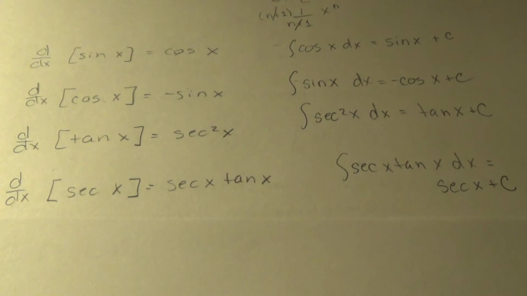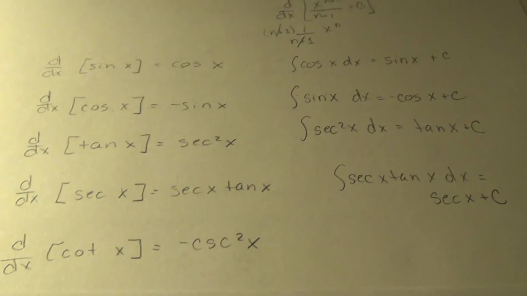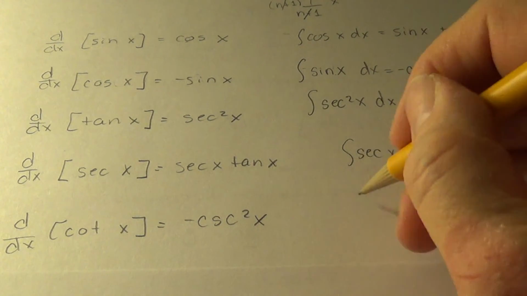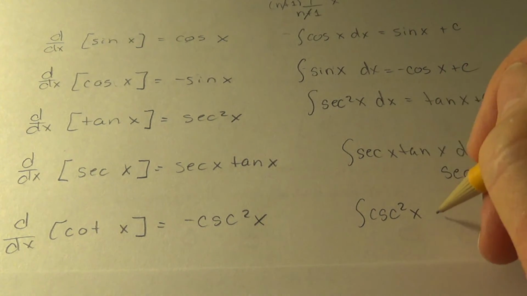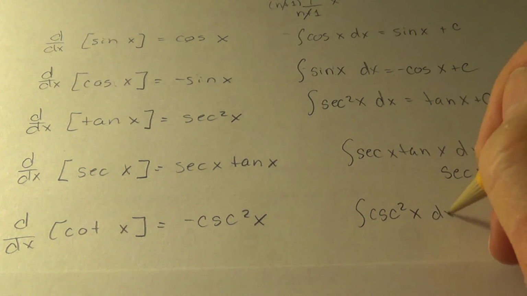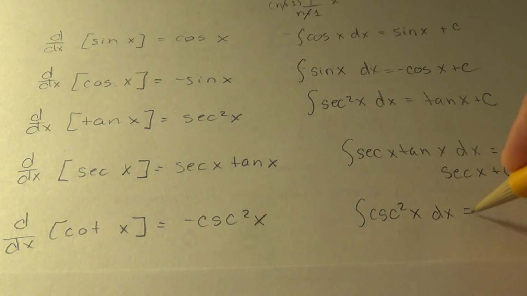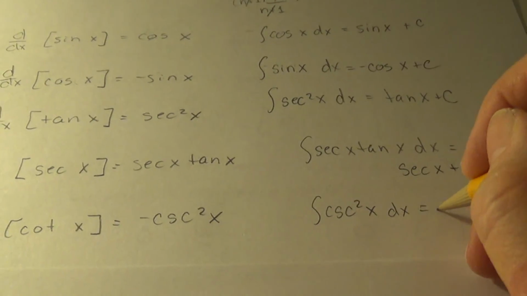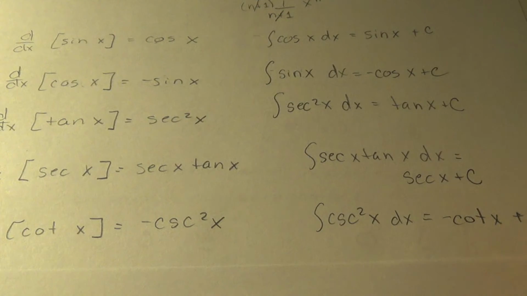All right, and there's just two more of those kind. The derivative of the cotangent is negative cosecant squared. Again, I'm going to just find the integral of cosecant squared instead of the negative, but looking at the relationship, you can probably foresee that the answer is going to be negative cotangent x plus c.